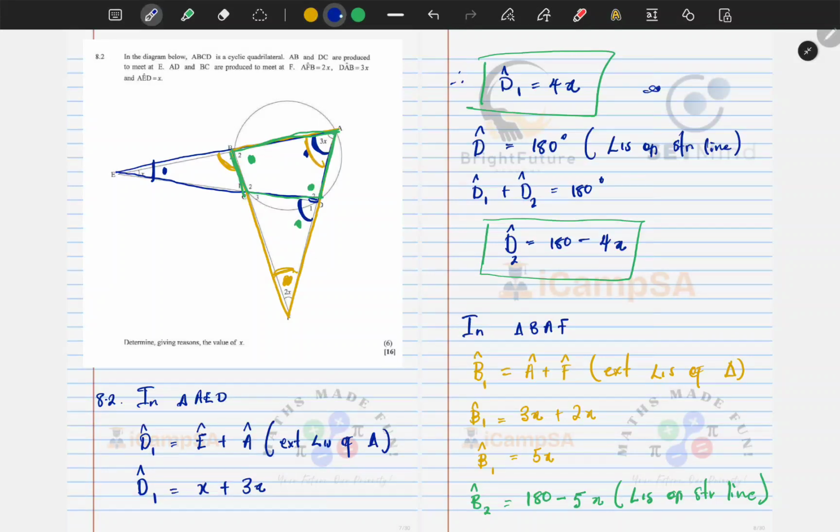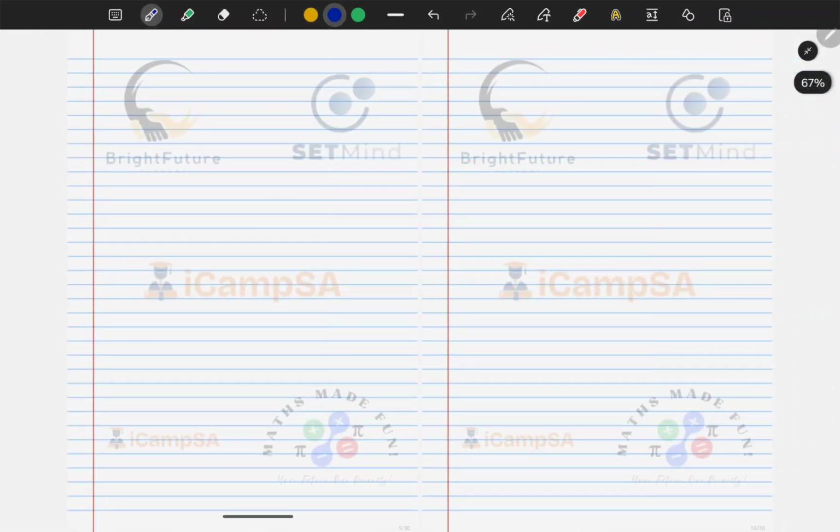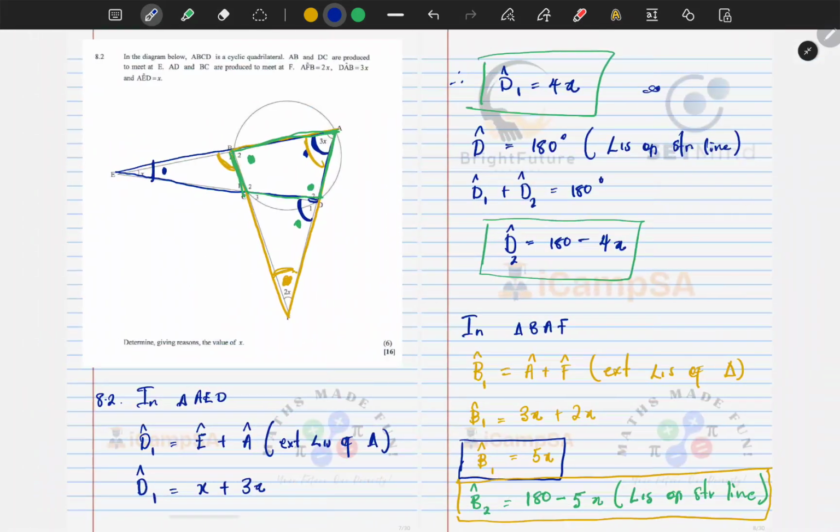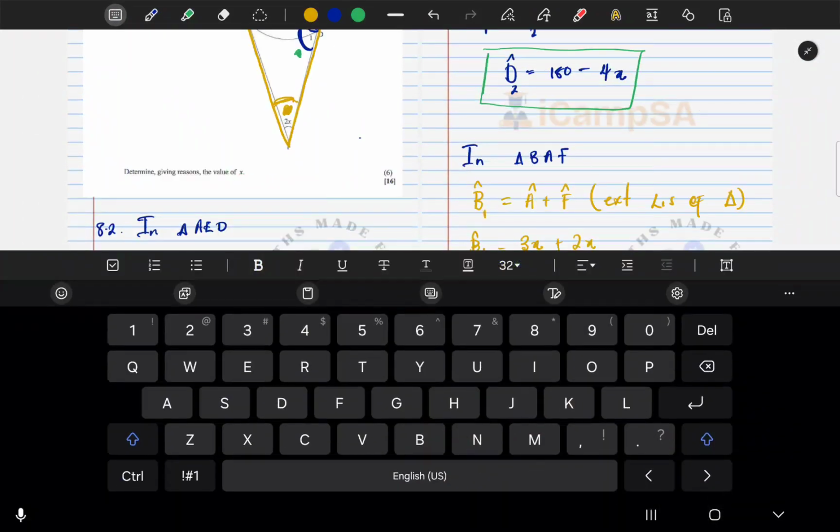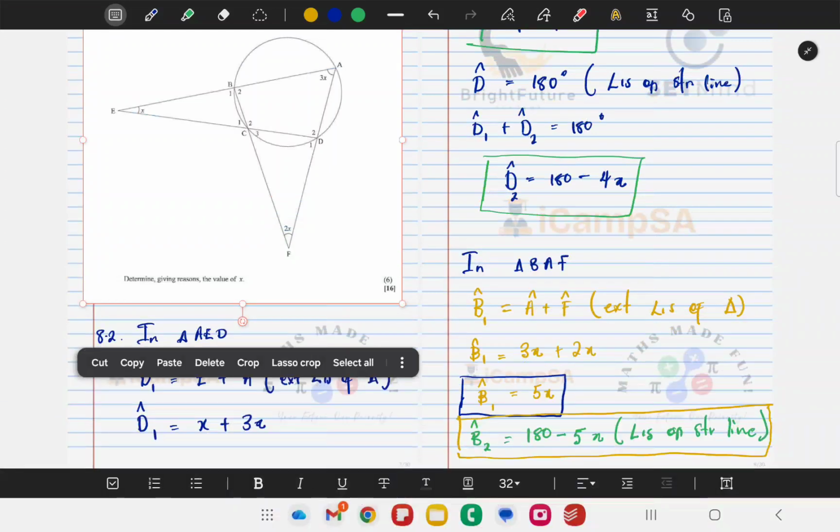So let's just do this, and we do this, right? So that's going to be our next step. This angle D1 is going to be equal to D2, because they are exterior angles of a cyclic quadrilateral. So now, in fact, we can just copy this entire thing so that it becomes easy to maneuver.